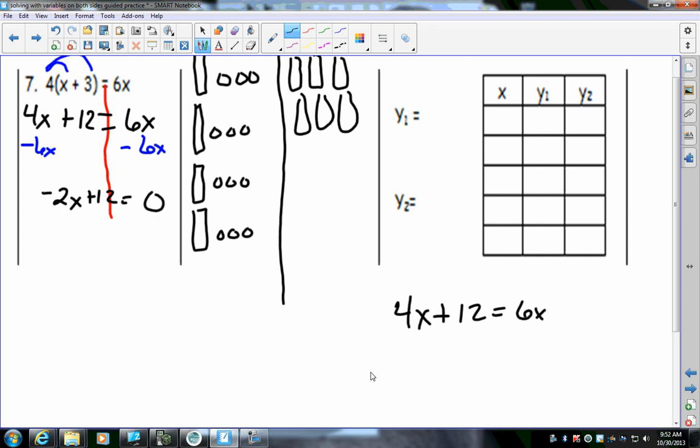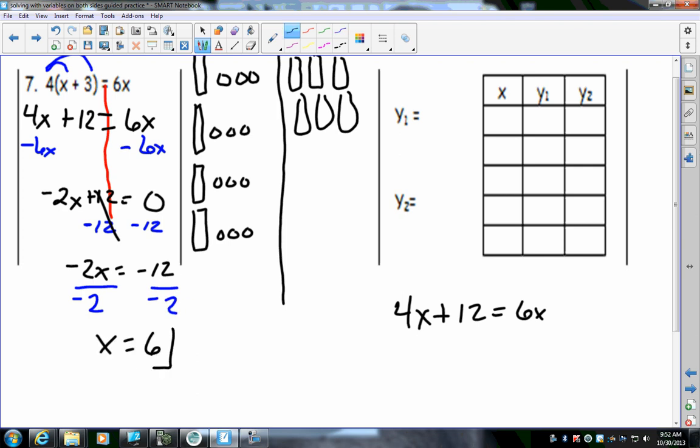Now I need to move the 12 to the other side, so I'll subtract 12 from each side. Negative 2x equals negative 12. Then I would divide by negative 2, and I would get x equals 6.